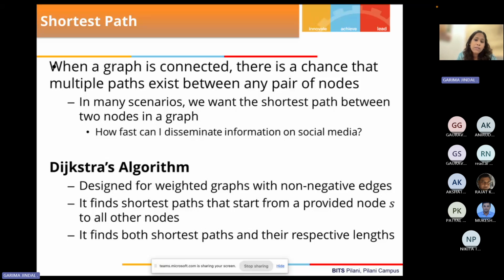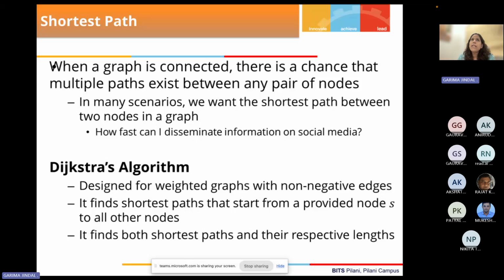It is a shortest path algorithm. Starting from a source node, it identifies the shortest path to all the other nodes present in the network.